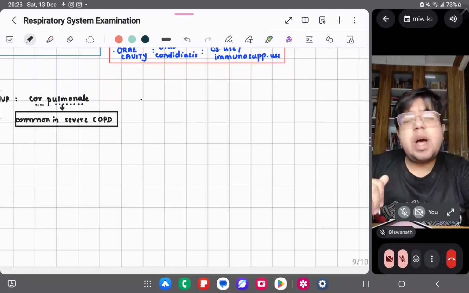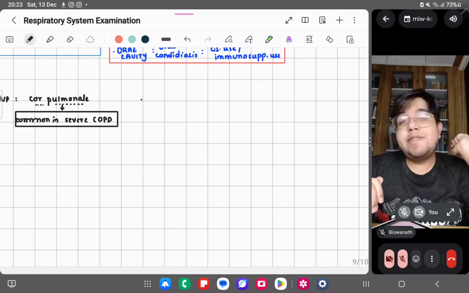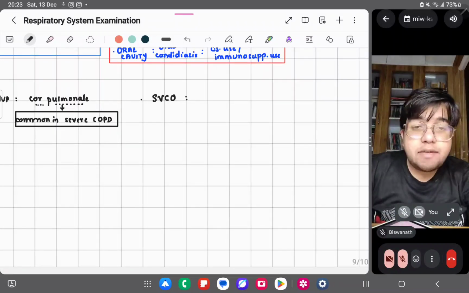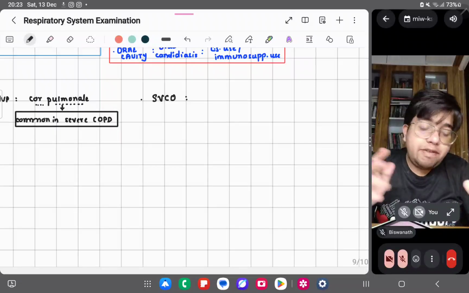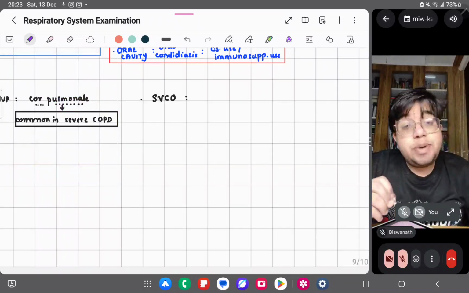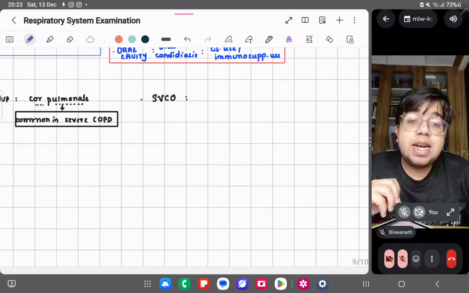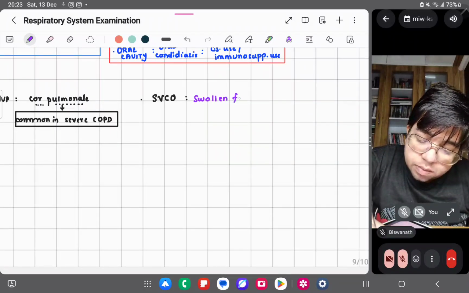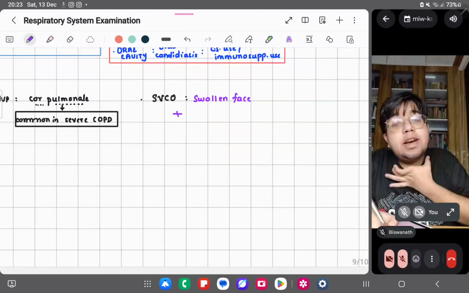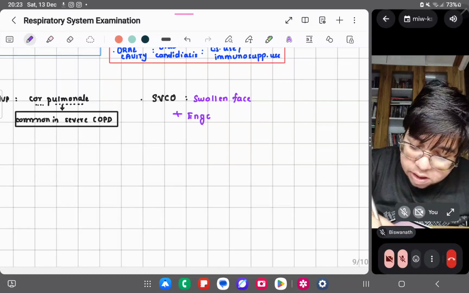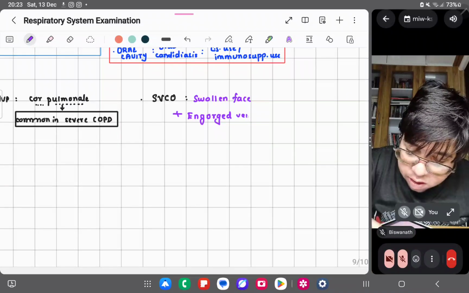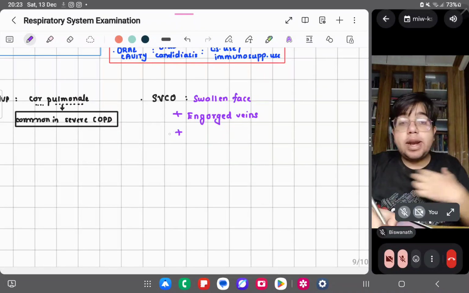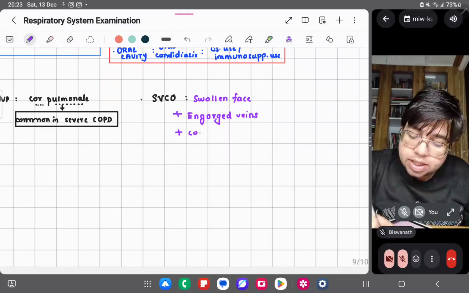I want to discuss with you a condition that is called SVCO. What is SVCO? The superior vena cava obstruction. The superior vena cava obstruction will have some findings which you can very well know. Whenever he is coming, this SVCO patient will be presenting with a swollen face with engorged neck veins, and some collaterals being formed on the chest wall, collateral chest veins.